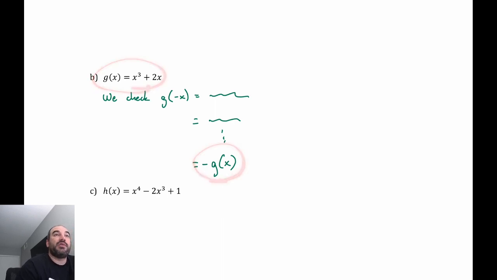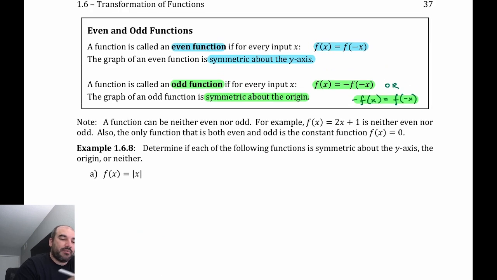Or we're not going to end up at anything that relates to the original function in a nice way. And depending on which one of those three things happens, the answer is going to be even, odd, or neither. Looking at the box up here, if I start with f of negative x, or g of negative x in our case, and I end up back at the original function, that means the function is even.